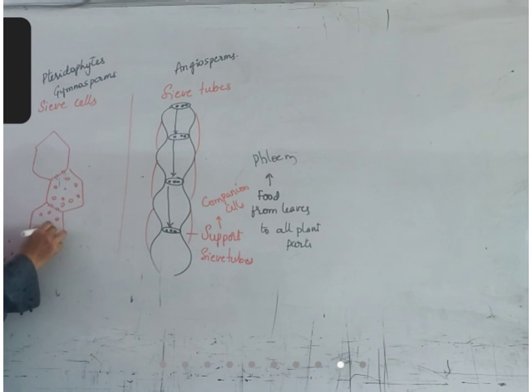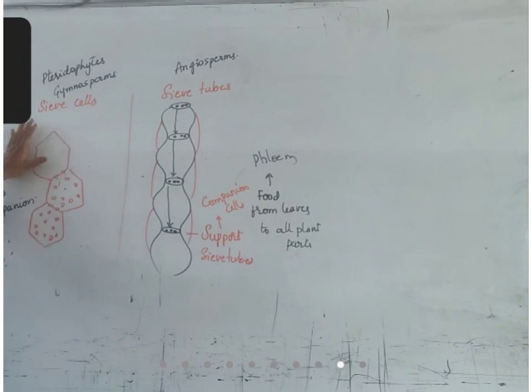The pores that are common between this cell and this cell help in conduction of food material from this cell to that cell. In this there are no companion cells. No companion cells in the case of sieve cells. That is a structural difference. Only structural difference, no functional difference.